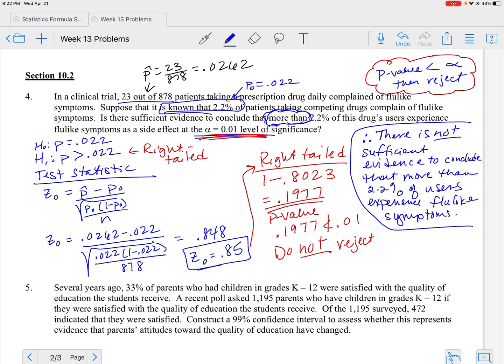You know my terrible handwriting, so that just is what it is. All right, there is not sufficient evidence. We are not rejecting what we're starting with. You're not giving me something new to change my mind. That's what's happening here. Okay, so p-value. Plug that stuff for that test statistic in. Make sure you're getting that number. If you're not getting that number, then you need to email me and we need to figure out how to use your calculator.